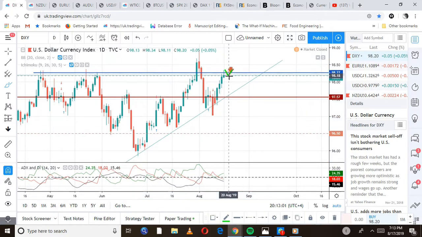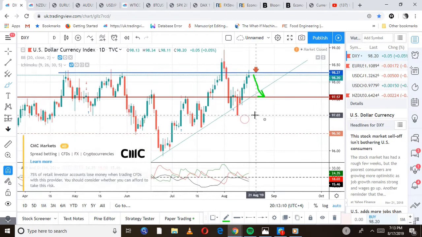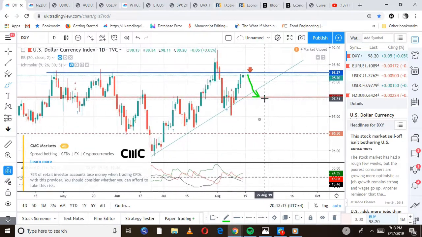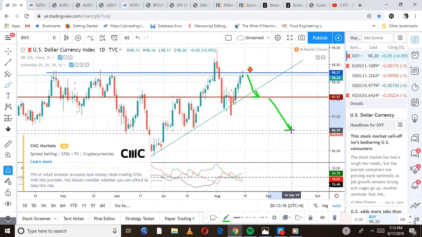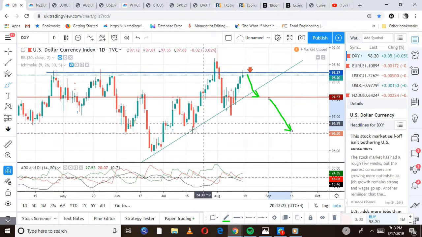Now we're expecting that to happen again, as you might expect the dollar currency to drop all the way to 97.57 and probably drop even further to 96.50. Now, traders, remember, this is sort of against the general uptrend, so you need to be extremely careful with that one.